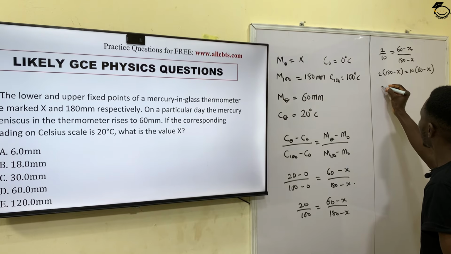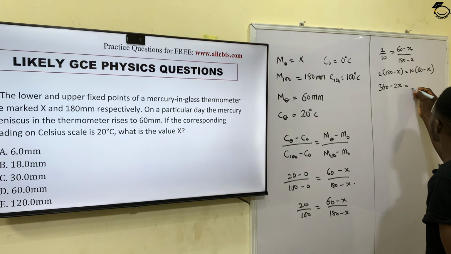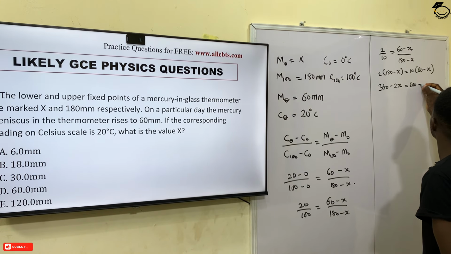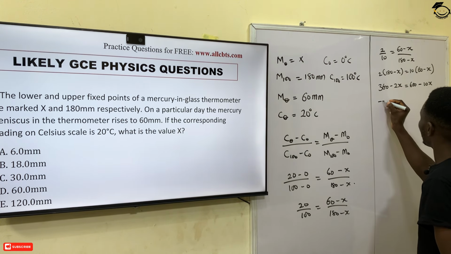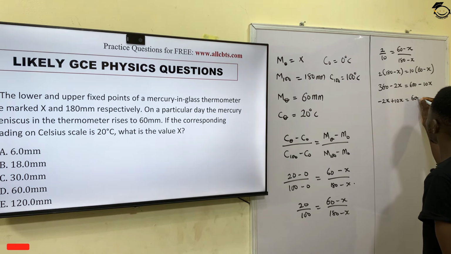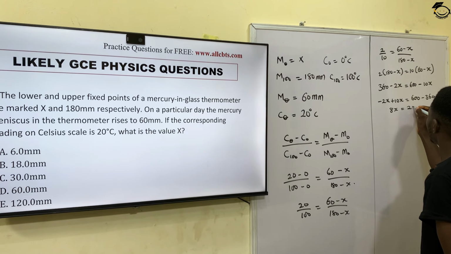If I open the bracket, I'll have 360 minus 2X equals 600 minus 10X. If I collect like terms, I'll be having minus 2X plus 10X equals 600 minus 360. So this will give me 8X equals 240.